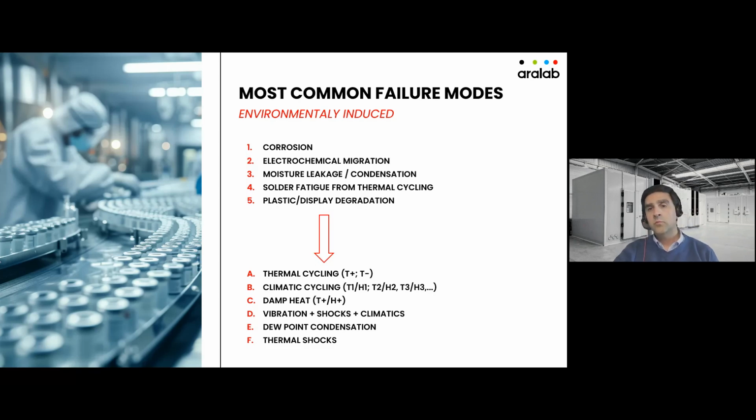We can take it to the next level and do climatic cycling, which is the same concept but with temperature and humidity. And so this will, for example, damp heat is a very, very common test. But also, drying the samples, going to lower temperatures.